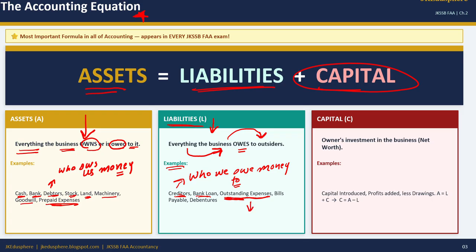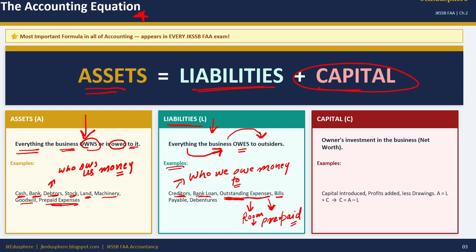For example, if we have given a room on rent and we got the rent prepaid, then that will be an outstanding expense.